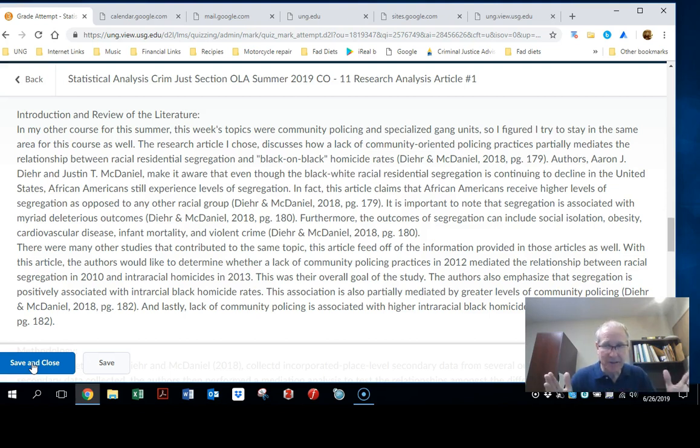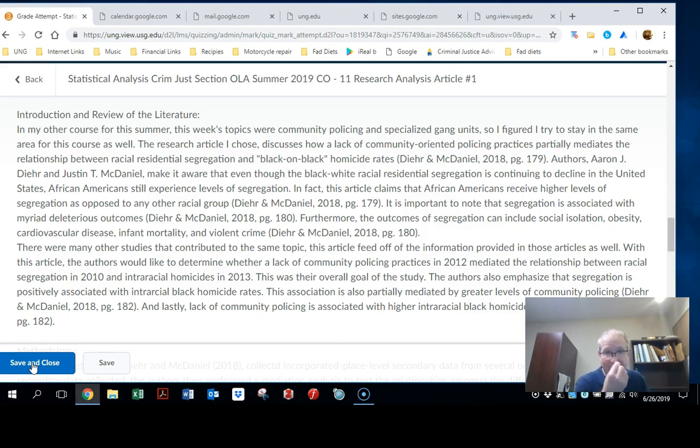The theory that these authors present is that the more segregated a neighborhood is, the more likely you are to see intra-racial homicides. And that would be very simple to explain and very easy to come up with. But these authors have gone on to look at a bunch of intervening variables that also impact intra-racial homicide, either as a mitigating or a compounding factor.